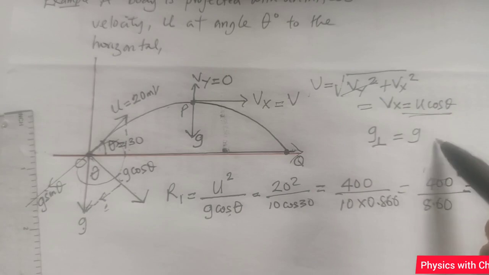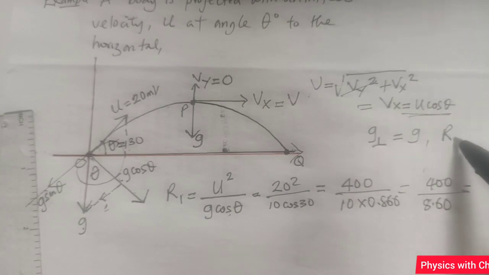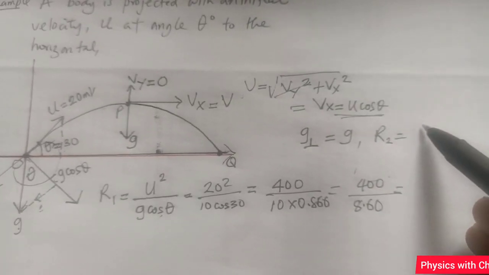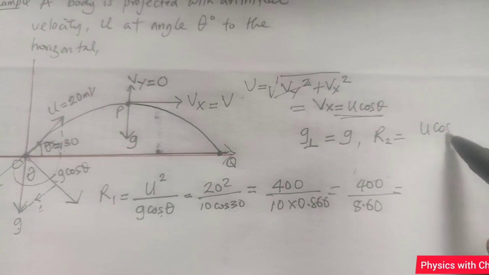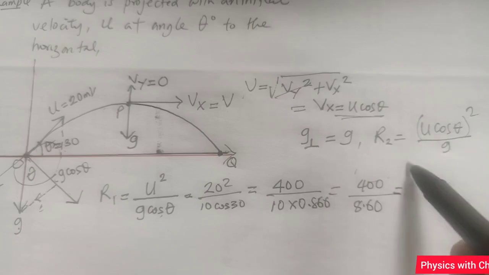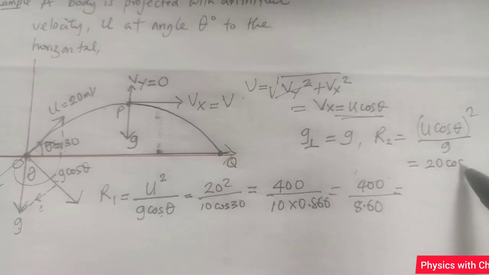So that the radius of curvature, we call that r2, at the highest point of the projectile is given as u cos theta all squared divided by g, which is our 10. So that gives me 20 cos 30 all squared divided by 10.